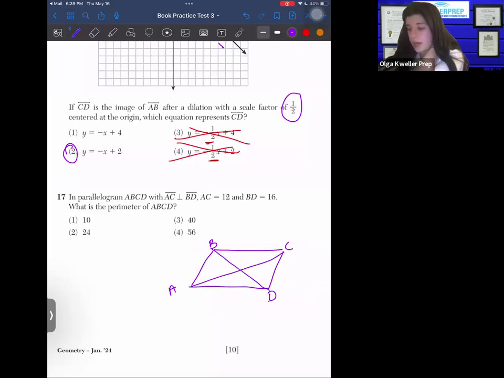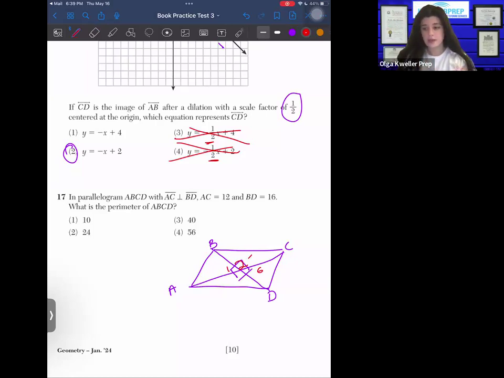Sorry, they're telling me the diagonals are perpendicular. Okay, and then they're giving me the sides. We have AC is 12. This diagonal is 12, and this diagonal is 16. And they're asking me for the perimeter of ABCD.